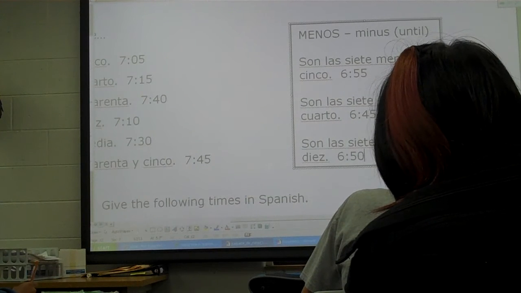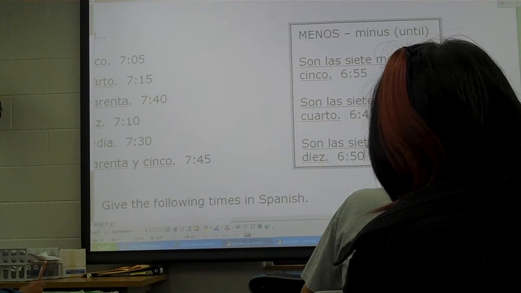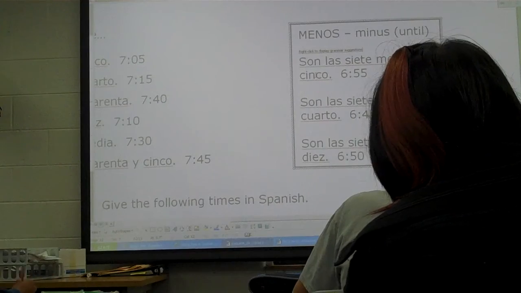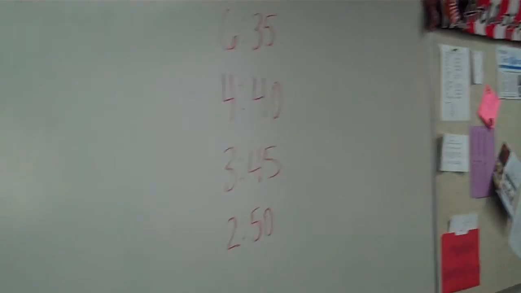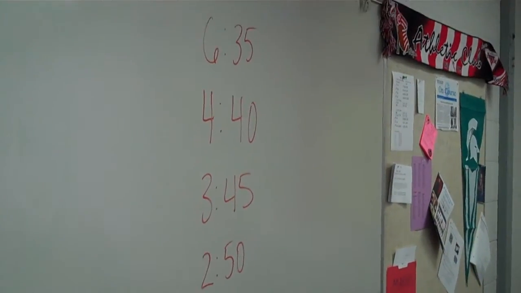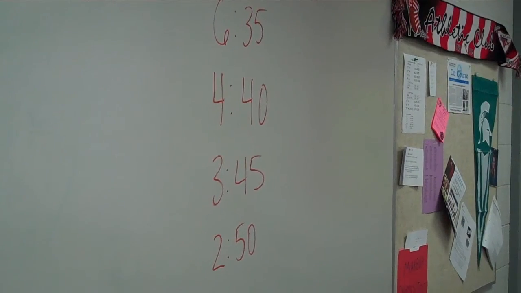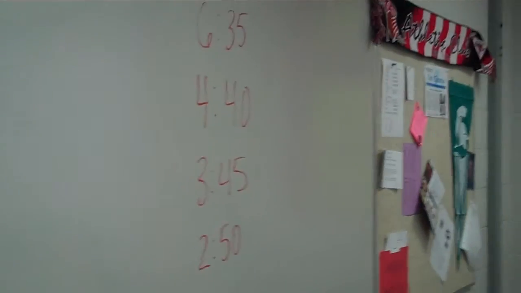Are we good? Okay. A little bit more practice with this. Here's what I'm going to have you guys do. Look over here to this board. At these times, we have 6:35, 4:40, 3:45, and 2:50.